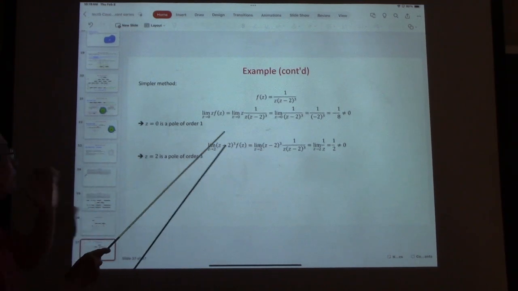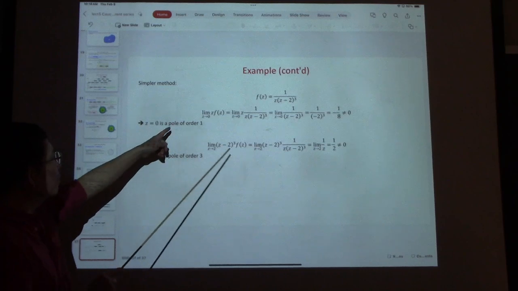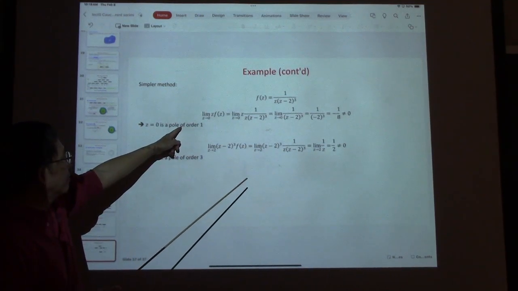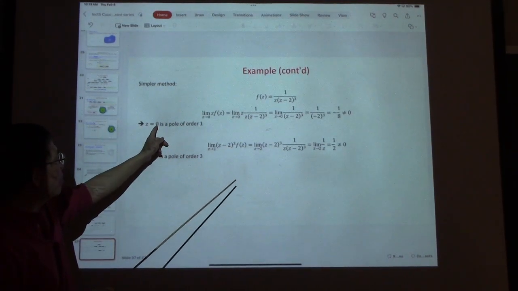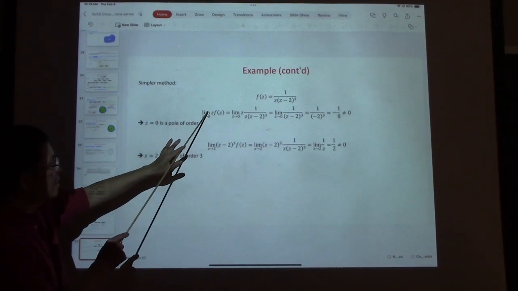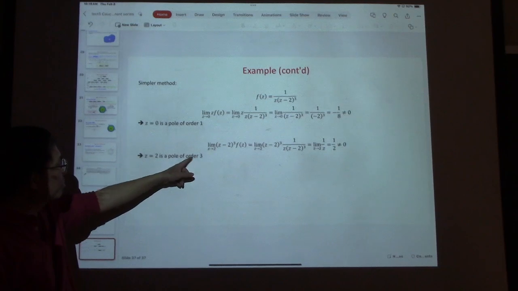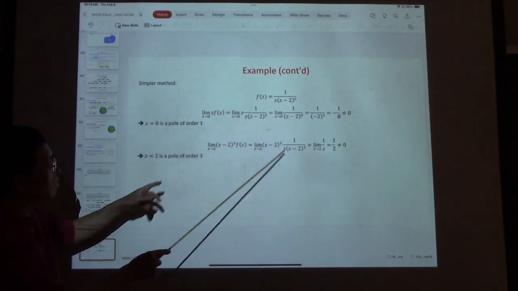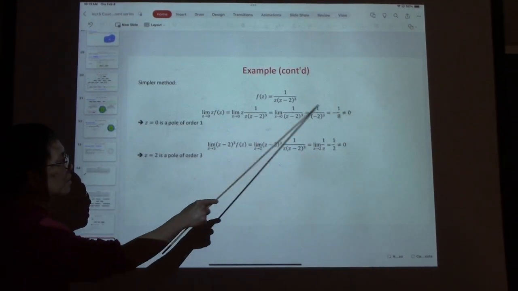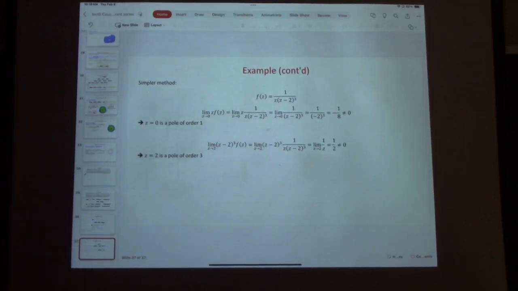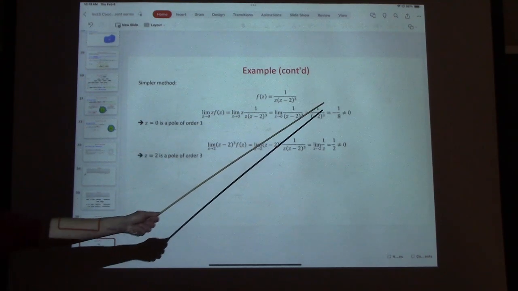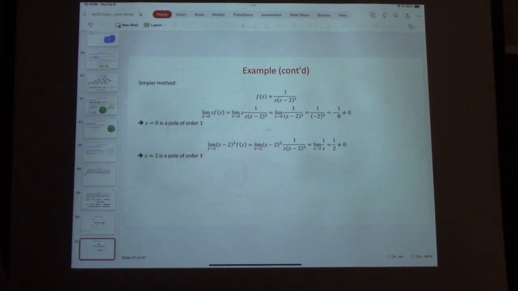So another way to get the residue is, if you know the order of the pole at that point, you can get the residue by multiplying by the linear term to that power. If you know the order of the pole, which is 3 at z here, you multiply by that, and you also get the residue. This theorem allows you to calculate very quickly the residue, or the a minus 1 coefficient, in this way.